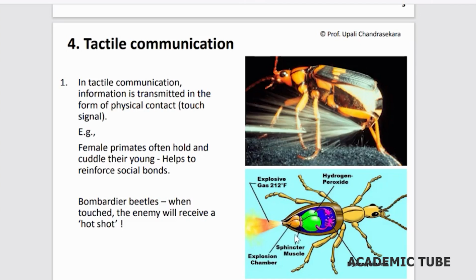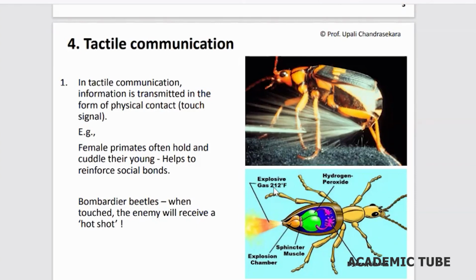And as a result of these two substances being mixed, hydrogen peroxide and hydroquinone, the temperature elevates up to 212 degrees Fahrenheit. That's like boiling water. It is very hot, right?